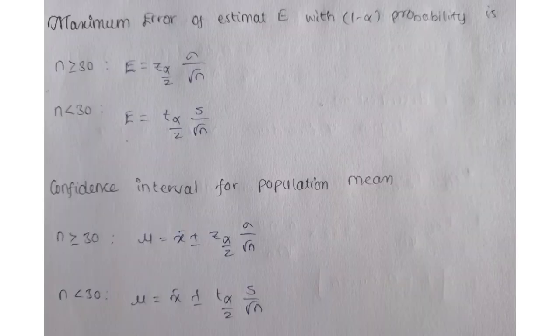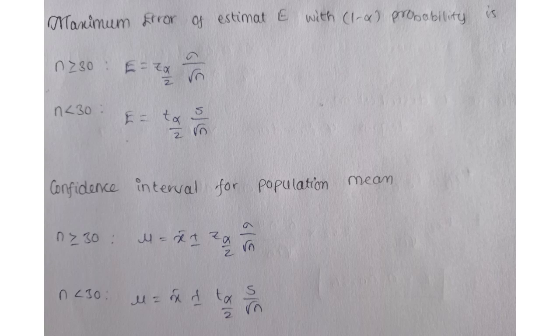Now let us see the maximum error and the confidence interval of the population. Maximum error of estimate E with probability 1 minus alpha is E equal to z alpha by 2 into sigma by root n for large population, that is n greater than or equal to 30, and E equal to t alpha by 2 into s by root n for n less than 30, that is small population.